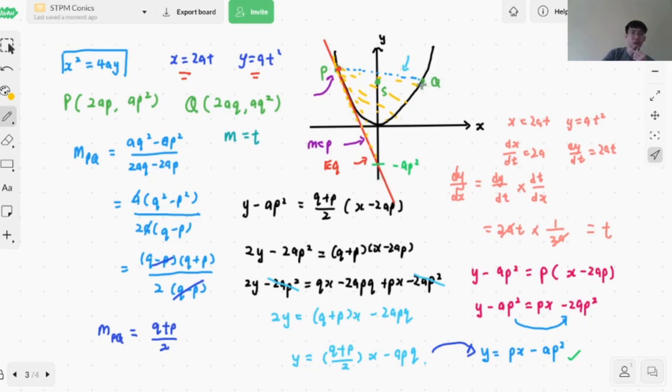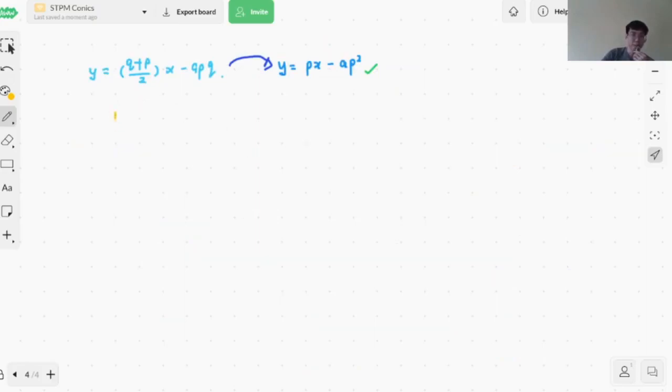No more Q. Meaning to say, the Q will go closer and closer, until it is the same point as P. So in this case, if I put the limit of Q going to P in the equation, y equals Q plus P over 2 times x minus APQ.